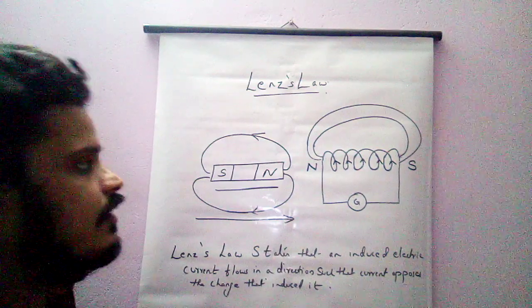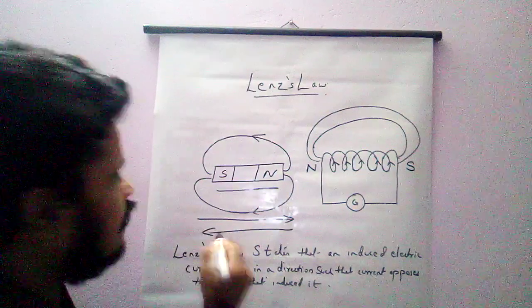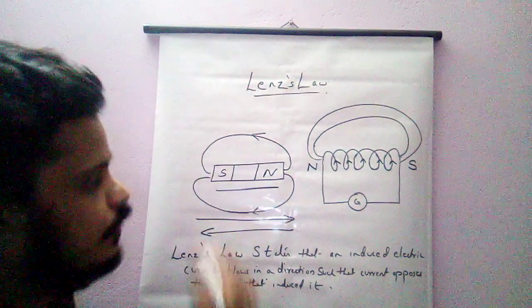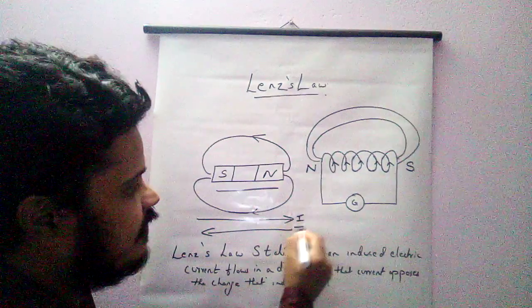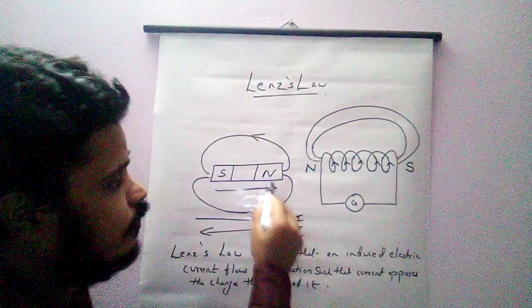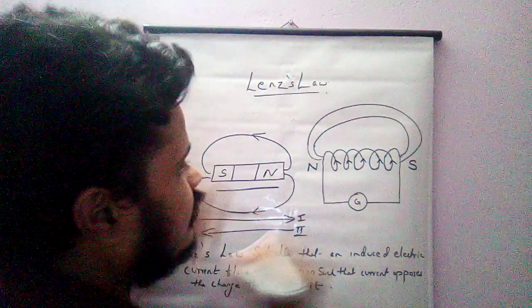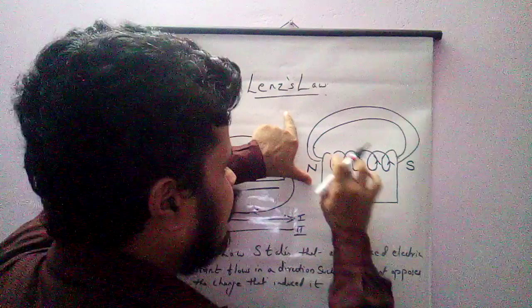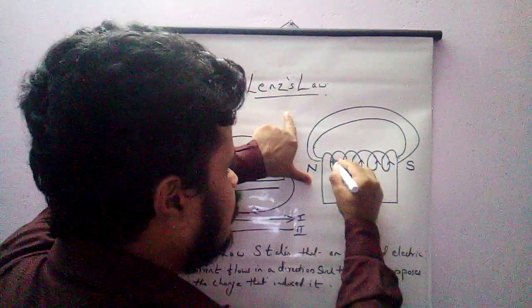Now the magnet is moving from right to left. This is the first case, and this is the second case: when the bar magnet is moved from right side to left side, the direction of the current will be towards the south.